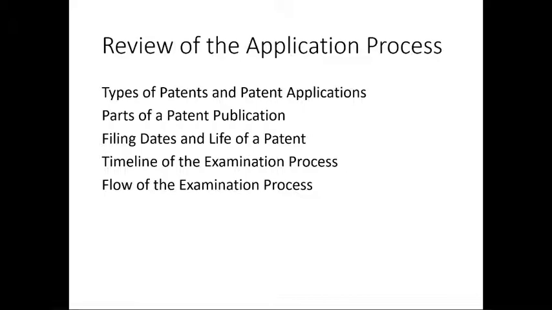Those parts being the background, which is the problem, the summary of the invention, which is your solution, the drawings, which show how the invention works, the detailed description of how all these things go together, and finally the claims, which you are claiming as your invention.